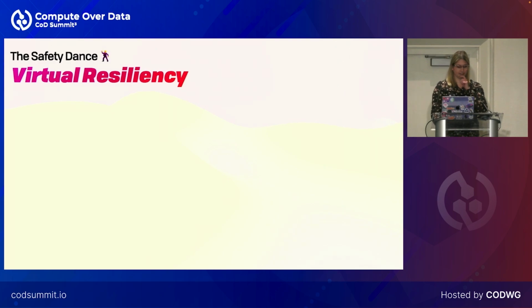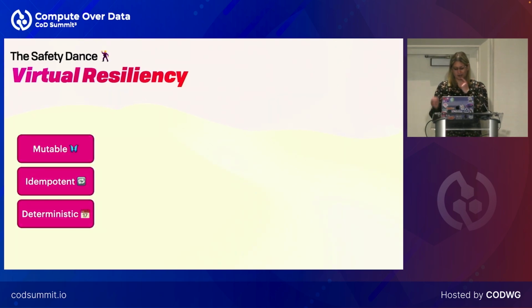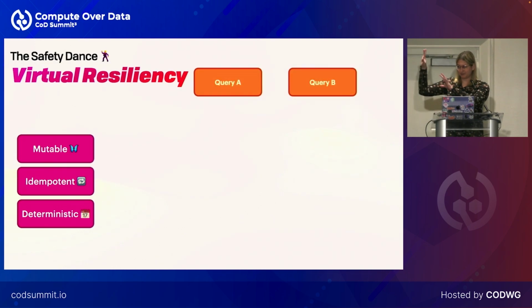It's called virtual resiliency. The approach we've taken has these 3 properties: determinism, idempotency, and mutability. And whether or not these are turned on or off for a particular computation gives you safety. So this is a simplification.